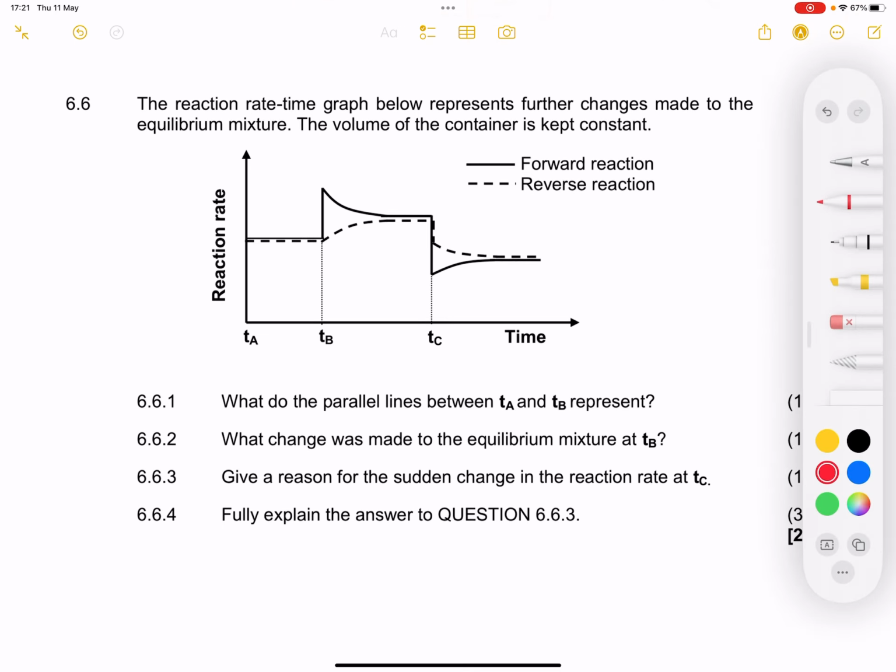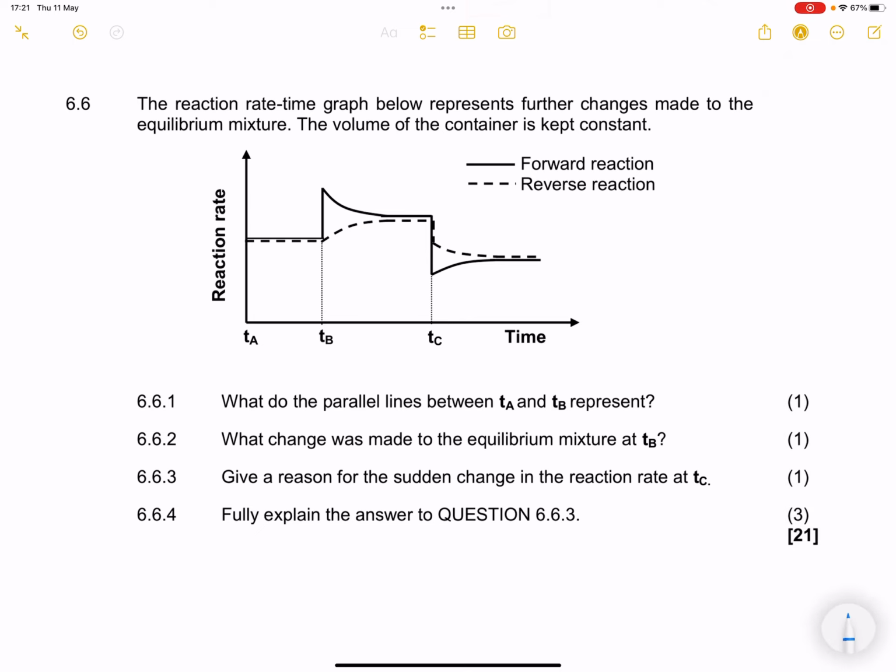So they say to us the reaction rate versus time graph below represents further changes made to the equilibrium mixture. They say the volume of the container is kept constant. So that means whatever was changed, they actually kept the volume and hence the pressure constant.